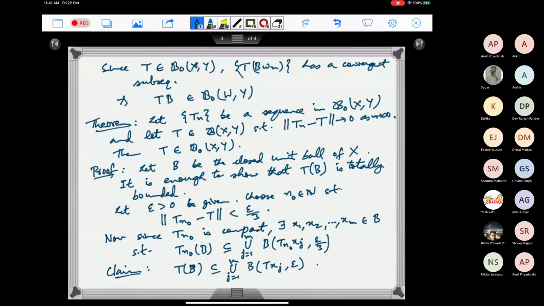And then we will show that T compact is equivalent to the adjoint T star being compact in Hilbert space. That is true in Banach space also, but we did not talk about the adjoint of an operator in Banach space.